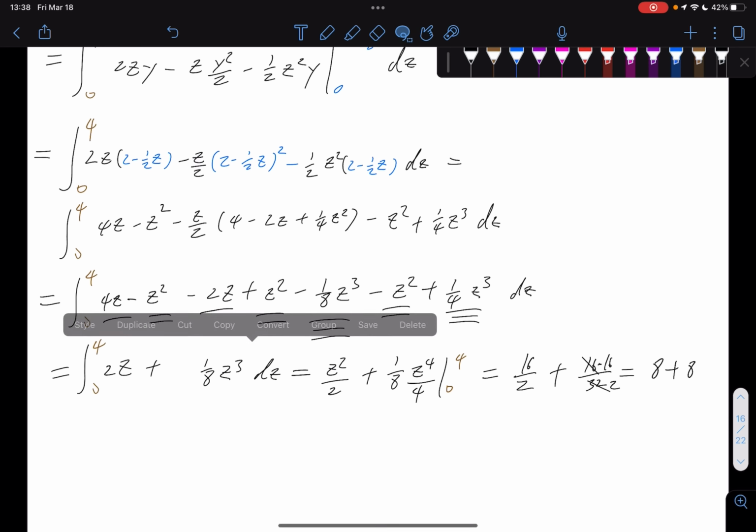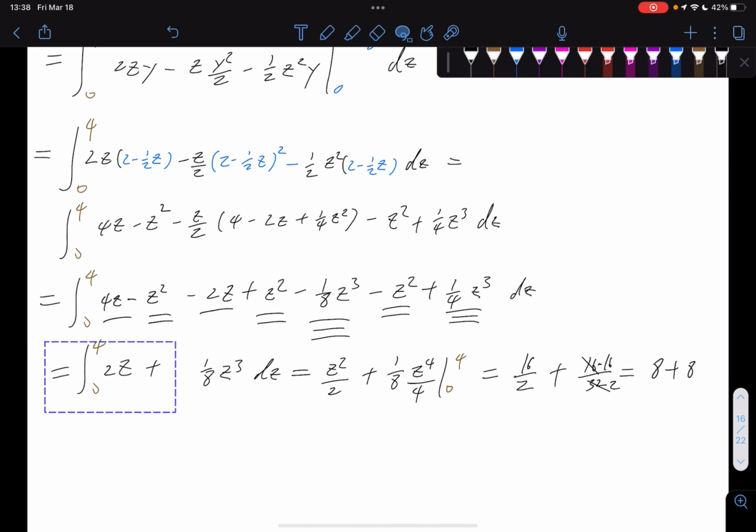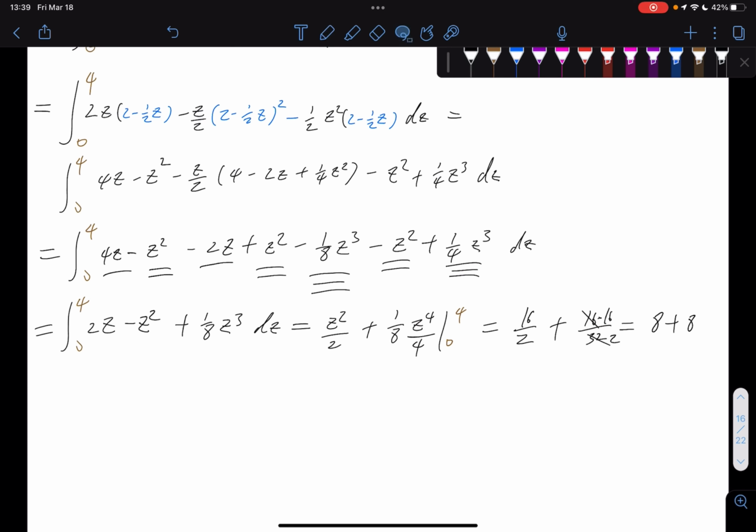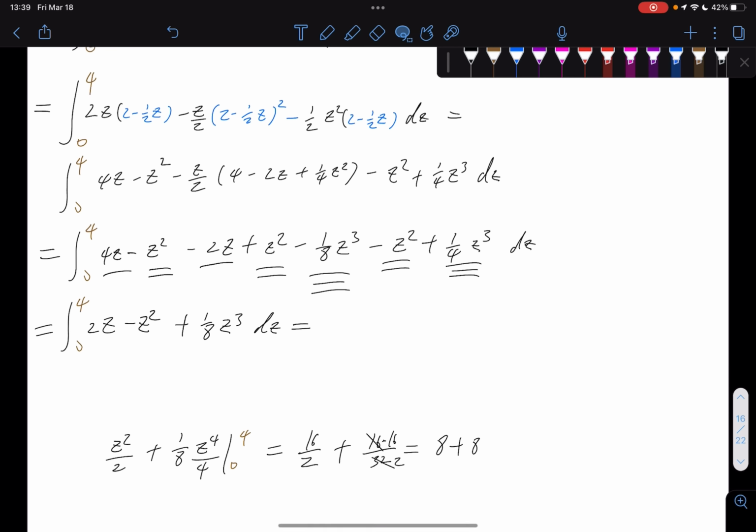So what should really happen in this integral is 4z minus 2z equals 2z, minus z squared plus z squared minus z squared minus z squared. And then plus 1/2, minus 1/8 plus 1/4 equals 1/4 z cubed.